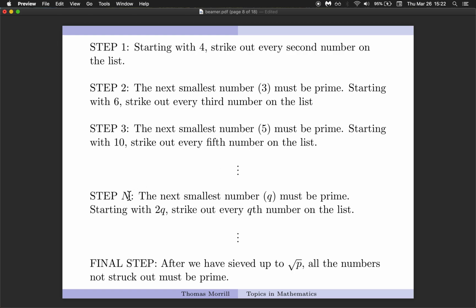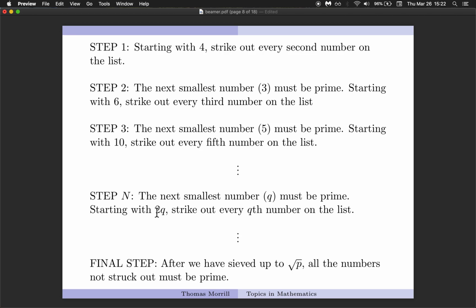At some point, call it step n, the next smallest number on my list, I don't know what number that is because I don't have my list in front of me, I'll just call it Q. This Q must be prime because it's the next smallest number on my list, and I already crossed out all of the composite numbers before I got to Q. I start with 2Q, so 2 times Q. That's a composite number.